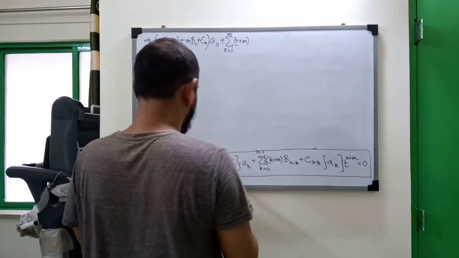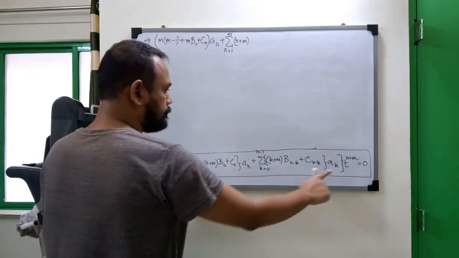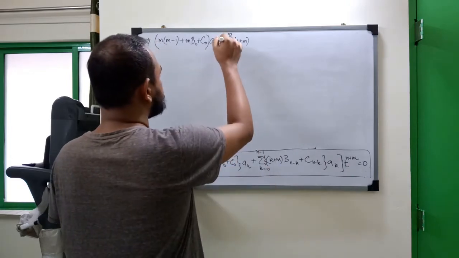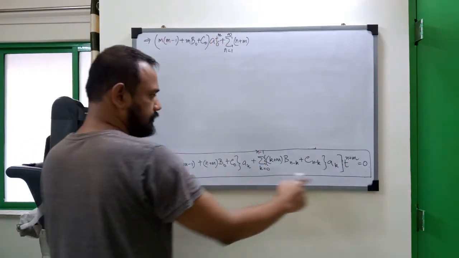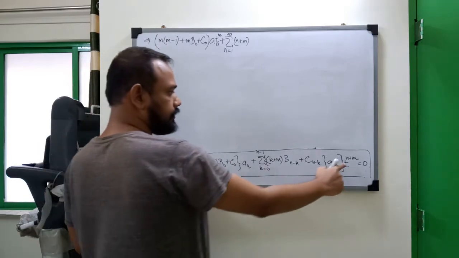With this, what would be the power of t for this? It would be t to the m, because this will get absorbed in here, with n equals 0.